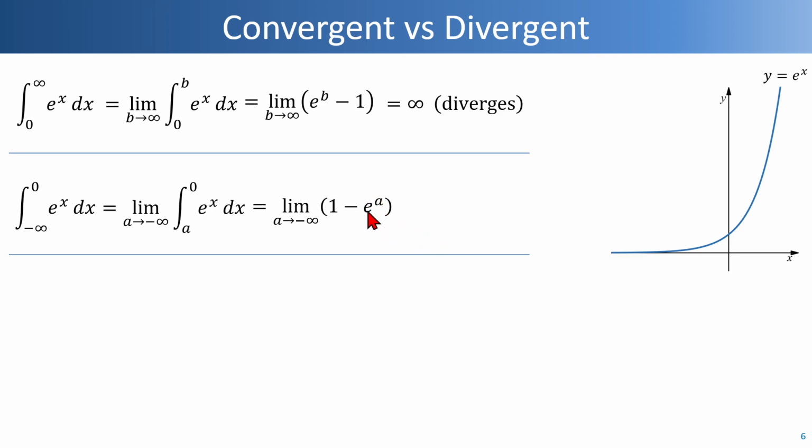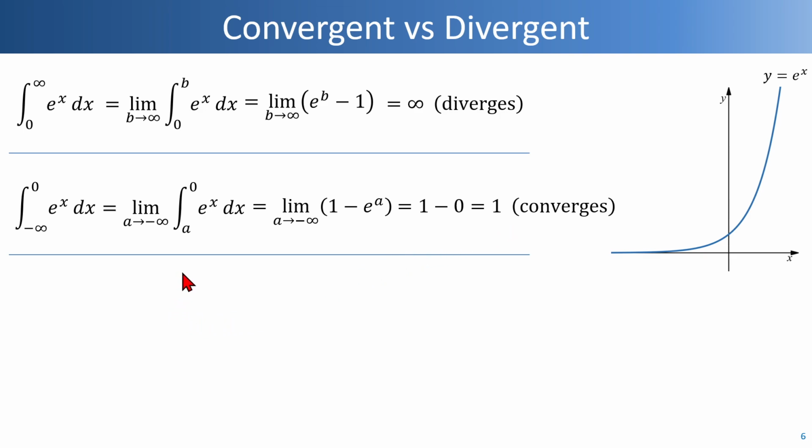So the limit is going to be 0 for the second term, 1 for the first term, and we end up with 1 as the result of this improper integral. When your improper integral just equals a number, then we say that it converges. So you could say that this improper integral converges to the value 1.